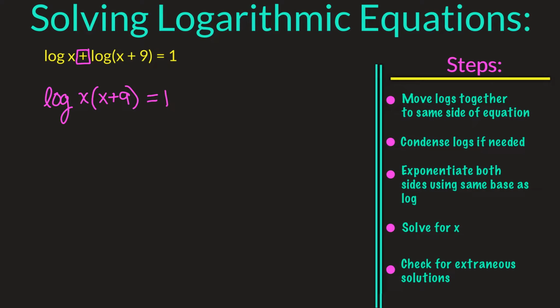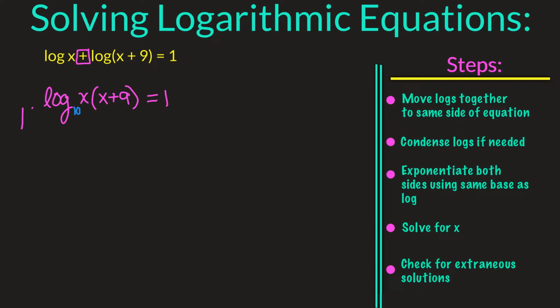Now that we have a single log, we're going to exponentiate both sides. Now this log, you can't see the base, but remember anytime it is not there, it's an understood base of 10. So we need to exponentiate both sides by putting the base of 10.